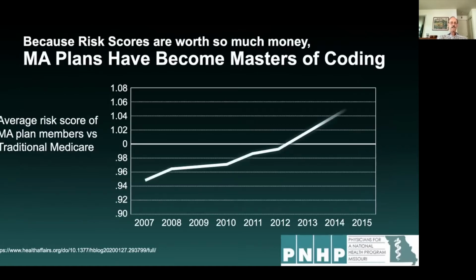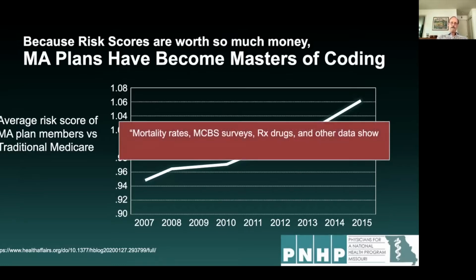They've become masters of coding. The average risk score has risen dramatically since 2007. Mortality rates, drug prescriptions, and other data show little, if any, change in real relative risk, but huge changes in coding.